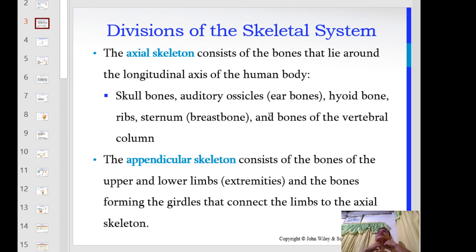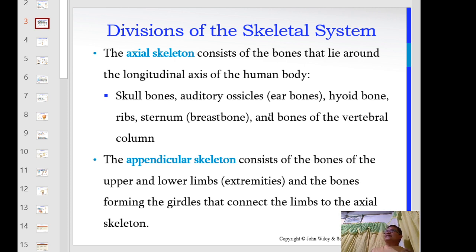Then your sternum, your vertebral column here at the middle. Then your pelvic bone? Oh no, not the pelvic. The sacrum? Sacrum is still part of the vertebral column.